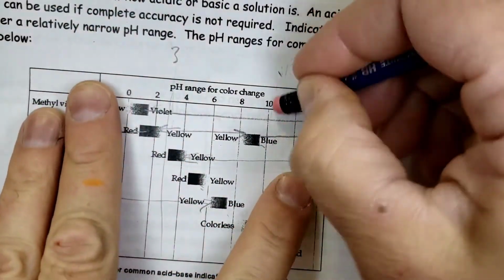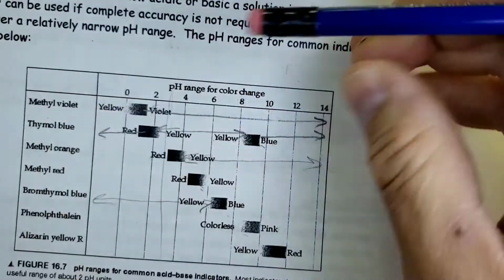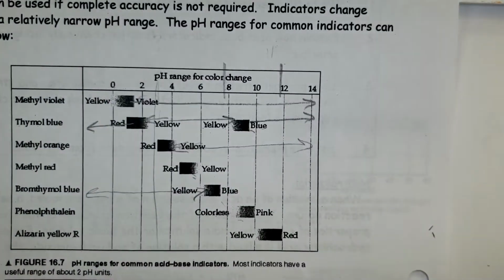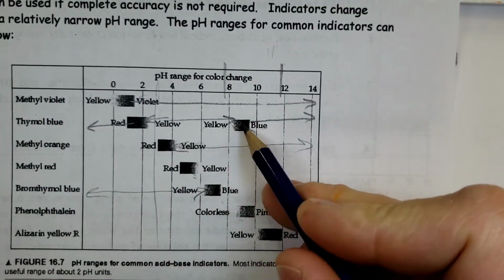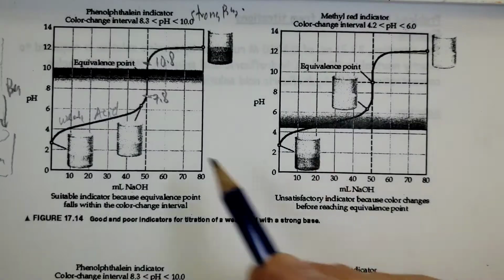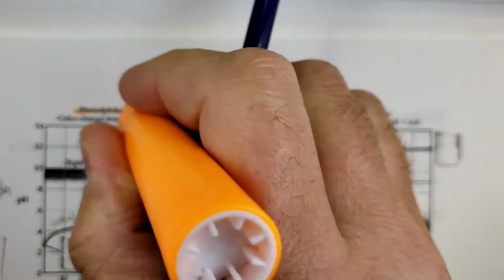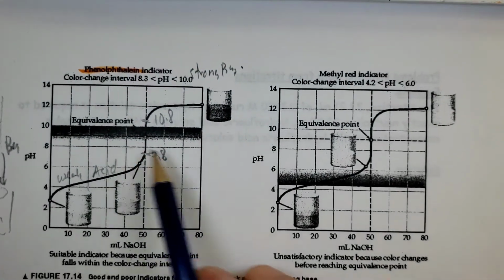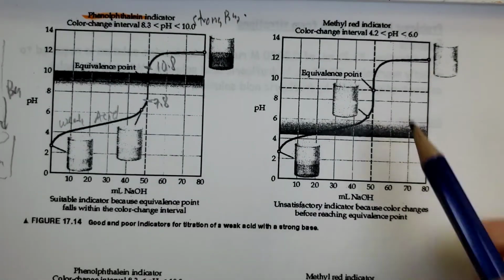If we go back to here, and of course this chart is on your reference sheet, 7.8 to 10.8, what changes color? Well, thymol blue changes color in that region. Also phenolphthalein changes in that region. So phenolphthalein was chosen for this region here. So that would work. That would change at the right region we need it to change at.